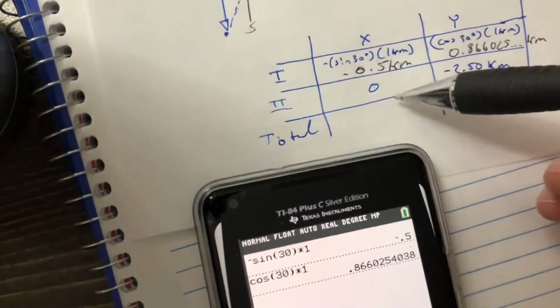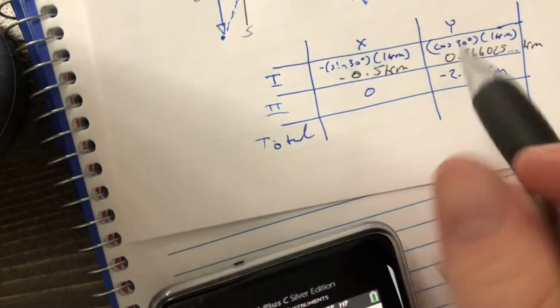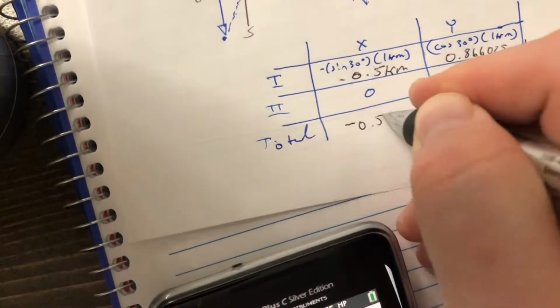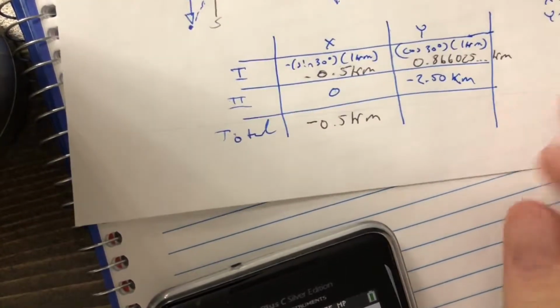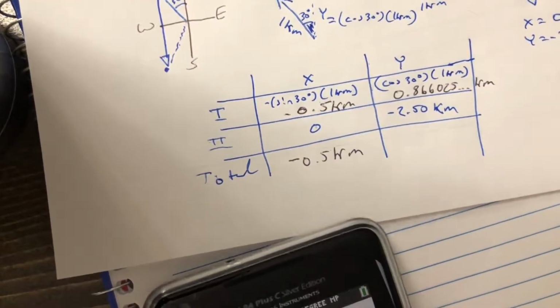Okay, and what I'm doing now is I'm adding these things together. So for this net column here, I'm going, what's negative 0.5 plus 0? Well, my total is just negative 0.5 kilometers in the x then. And for my y, it's 0.866025 plus negative 2.5.